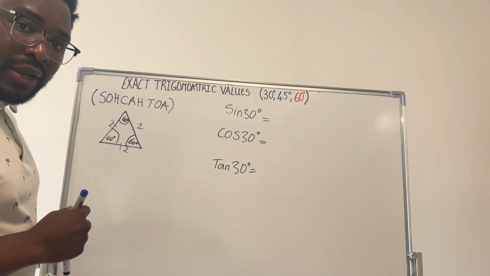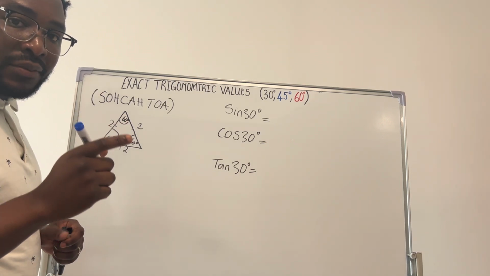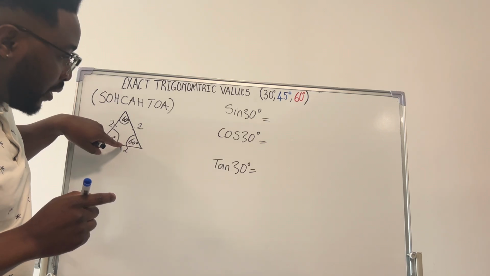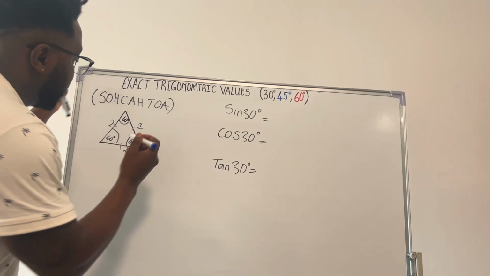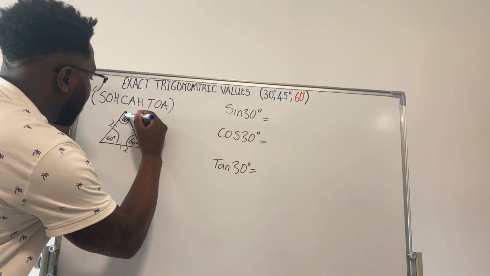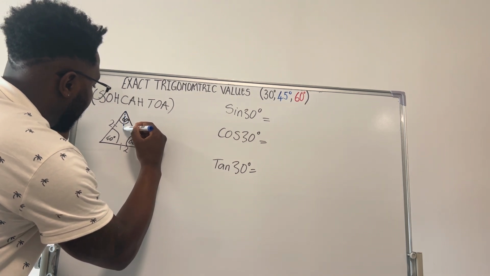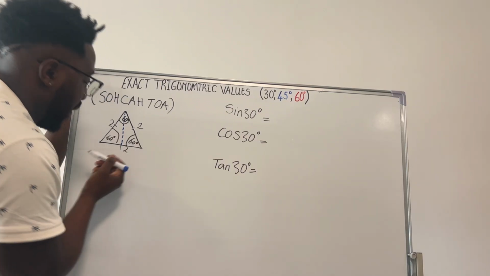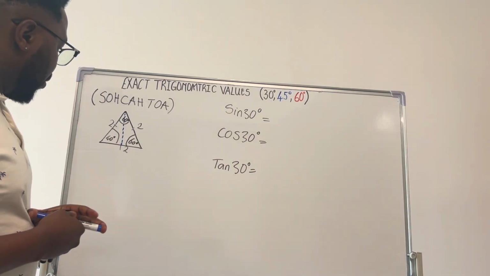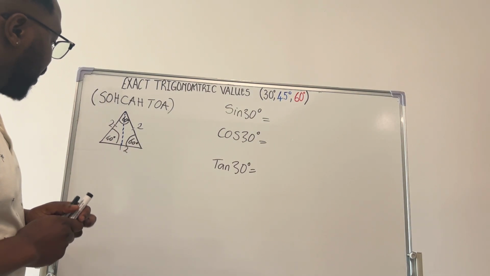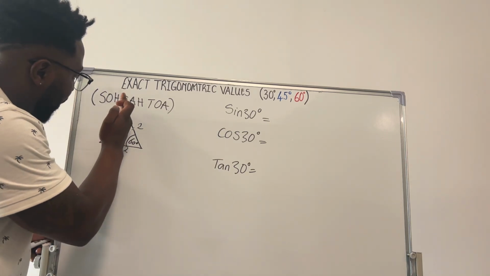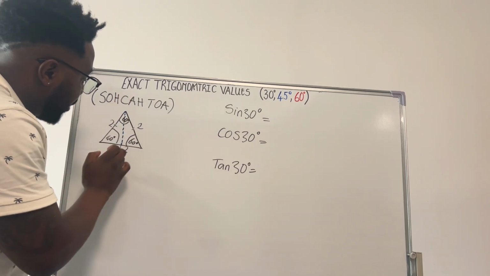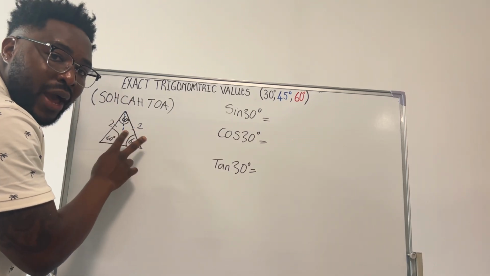Now, how about then we draw a perpendicular line from the top vertex down to the midpoint of the base. Yes, let's do that. So this is our perpendicular line, from the top vertex down to the midpoint of our bottom part over there. Our perpendicular line has divided our equilateral triangle into two congruent triangles, right?